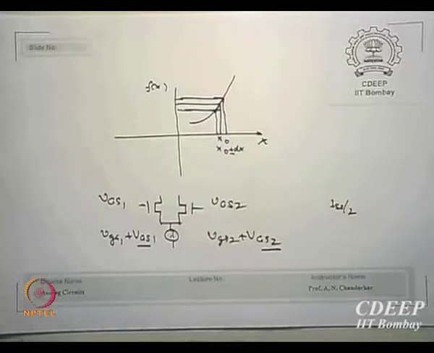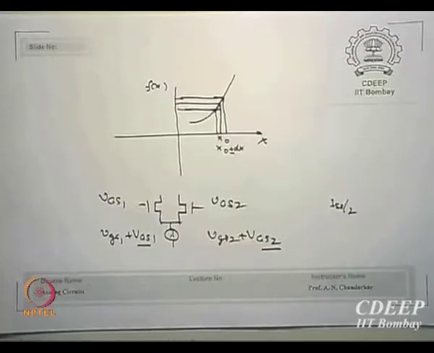So DC is essentially the capital VGS, the signals are small vgs1, vgs2, whose difference we call VID, and some average of the two we call common mode. So don't get confused every now and then between small signal and large signal, unless stated otherwise.